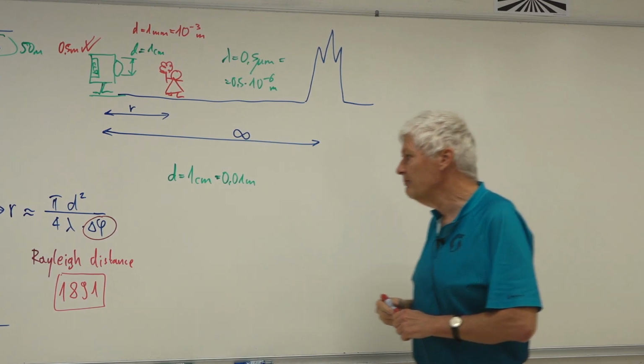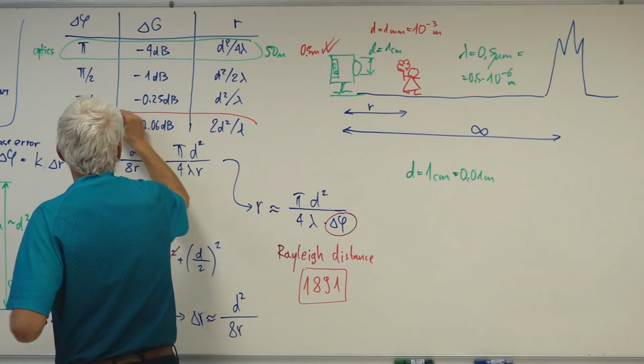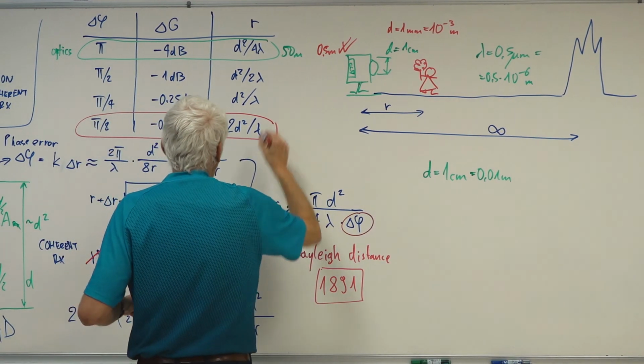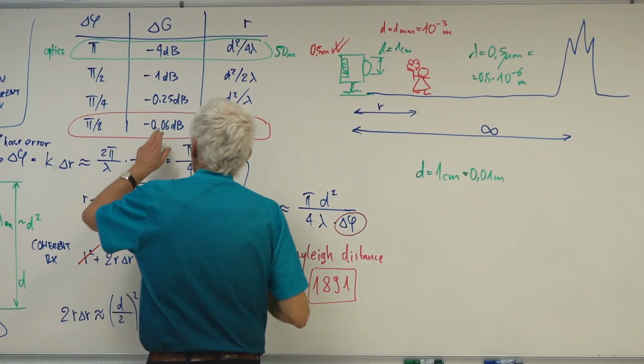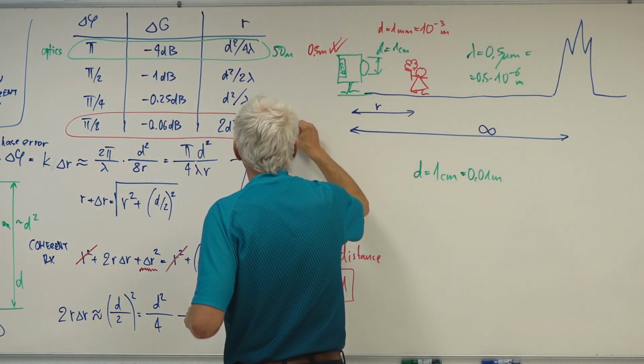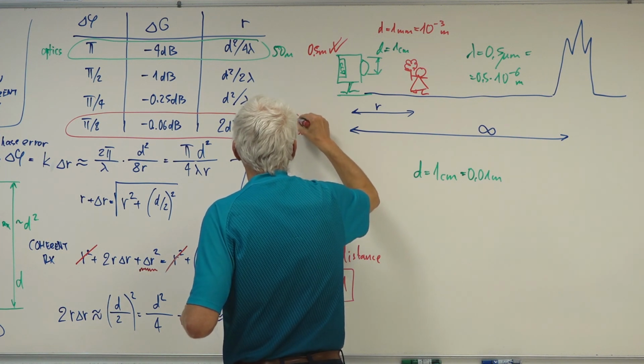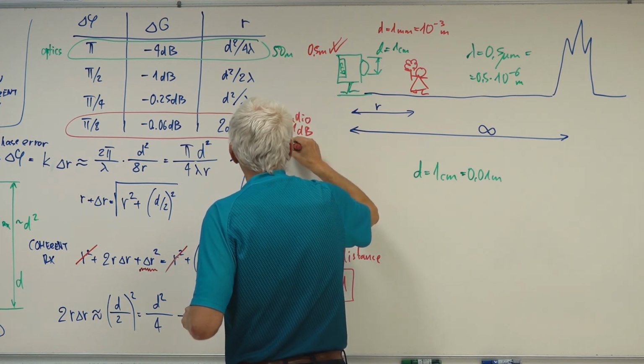In radio, we are more demanding. With the Rayleigh distance, we take a sharper criterion because our whole measurement should be, say, 0.1 dB accuracy. In radio, we're measuring 0.1 dB accuracy.